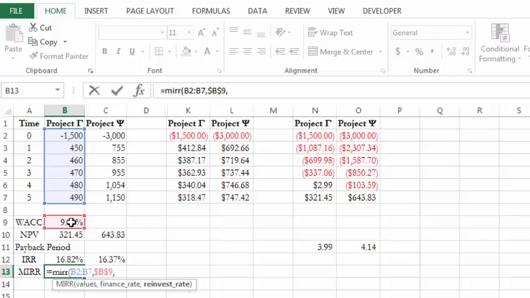This is just in case we wanted to use a different reinvestment rate. But I'm not going to reinvest for anything less than weighted average cost of capital. I may be able to invest at a little more. This allows me a little bit of flexibility where I can actually allow for a reinvestment rate that's a little higher than my weighted average cost of capital.